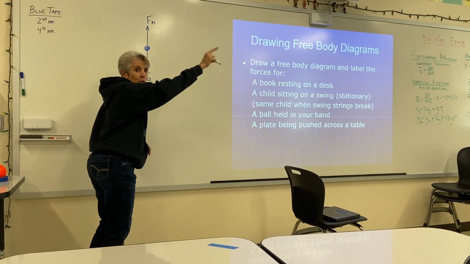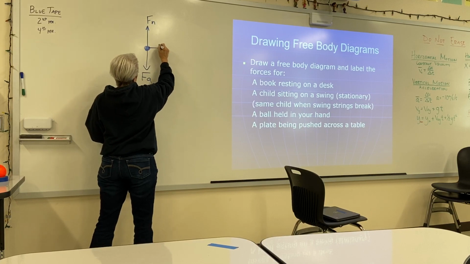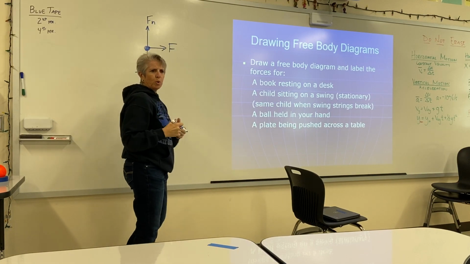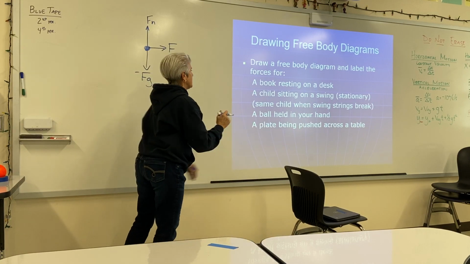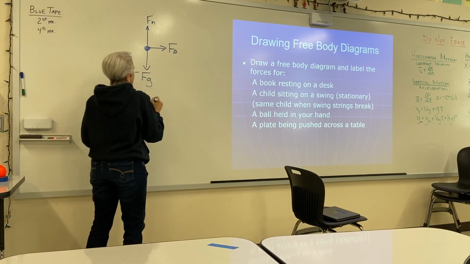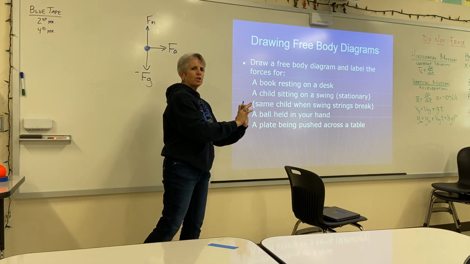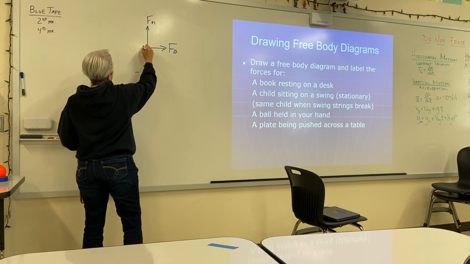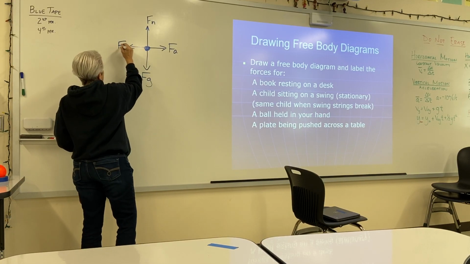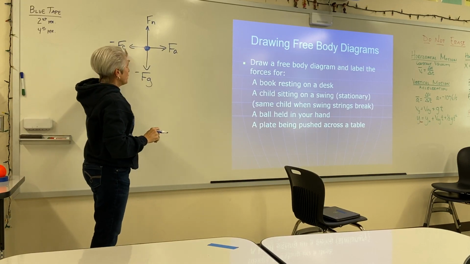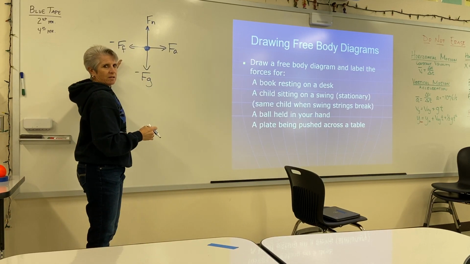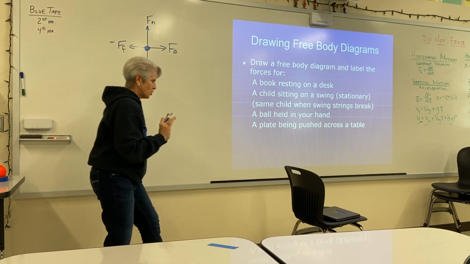I'm applying a force this way. This is called an applied force. Any push or pull, it's just me touching that object and applying a force, Fa. But as it went across, you could hear it kind of sliding on the floor. There was some friction, Ff. My friction force is acting against the motion of the object, so I'm going to make it be negative. My applied force is causing this motion.